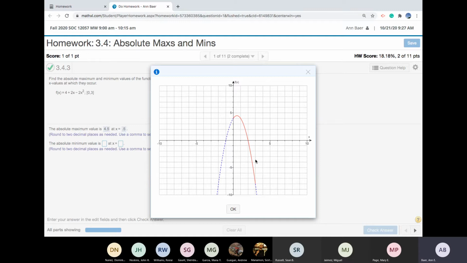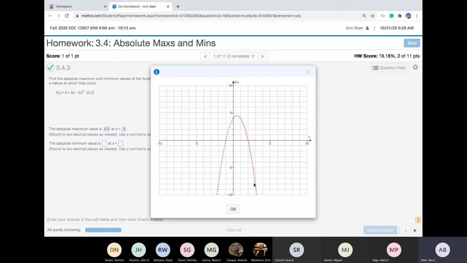So if we want our x coordinate, we can go right back straight up to the x-axis, and it looks like it's at 3. So that's the x coordinate of our absolute minimum. Now we need to find the y coordinate.